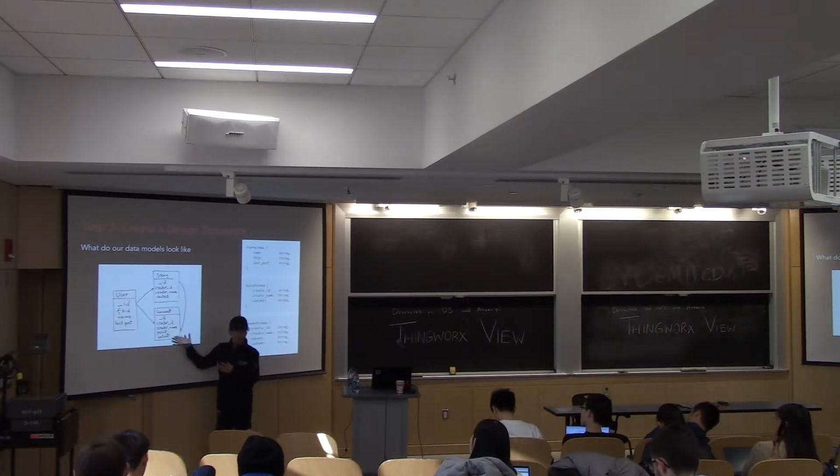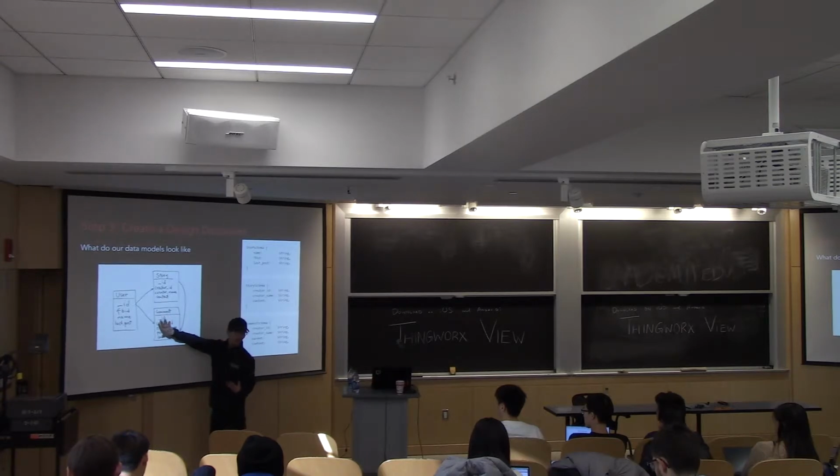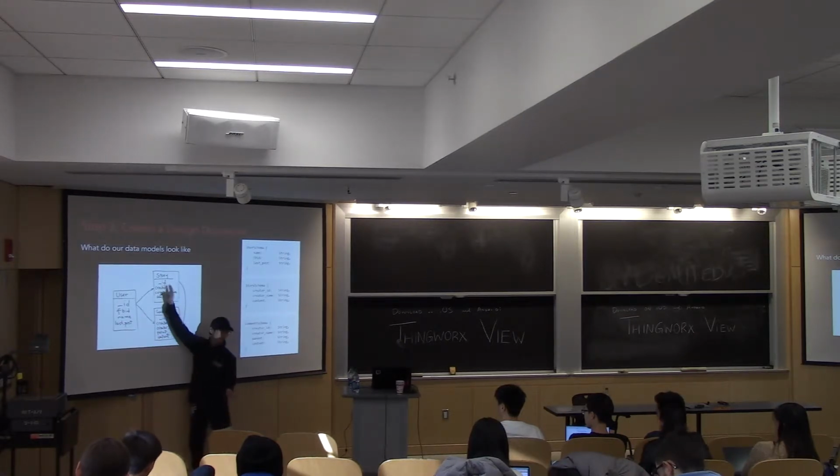So this is how our data is structured. This will help us later to figure out how to get certain pieces of information. Let's say we have a story and we want to fetch all the comments for the story. What we would do is query our comment collection, and look for all comments with the parent that corresponds to the story's ID.